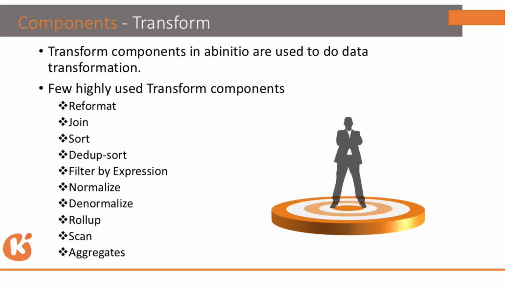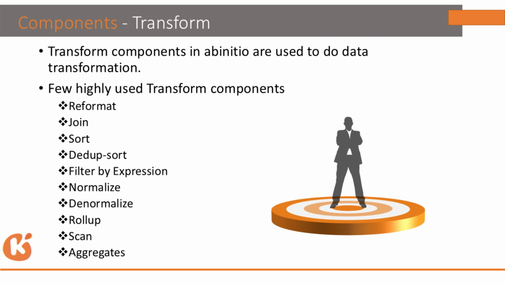And next is the transform component. These are the main blocks of ABInitio, where we'll be doing the real data transformation. We have multiple transform components available. Let's say we have a reformat component, join component, sort component, dedupe sort, preserve expression, normalize, denormalize. Each of these transform components will have their own set of parameters, and that's what we're going to see in the upcoming sessions.